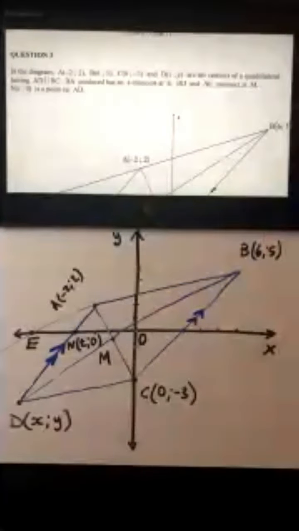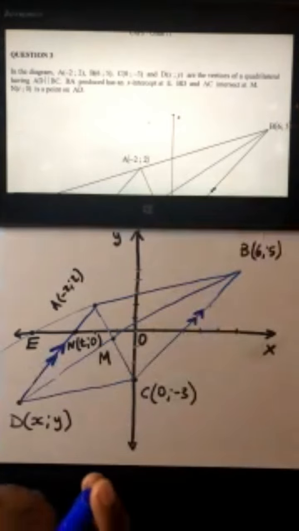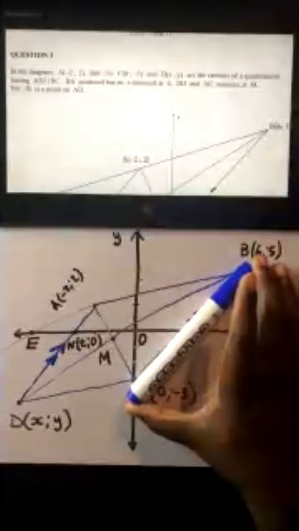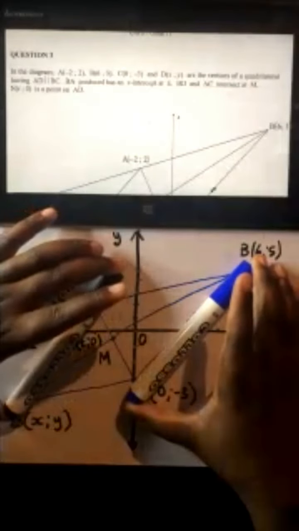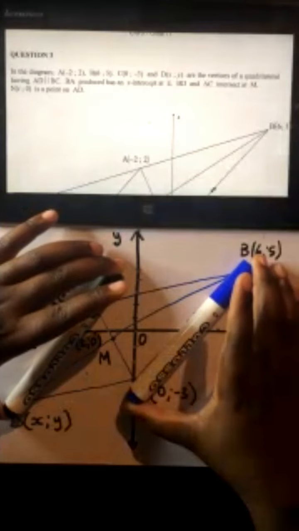What does it mean, ladies and gentlemen, when two lines are parallel to each other? It means that their gradients are the same. Very, very much important, ladies and gentlemen. So that means the gradient of those two lines are the same. It means the slope of this and the slope of this are the same, ladies and gentlemen.